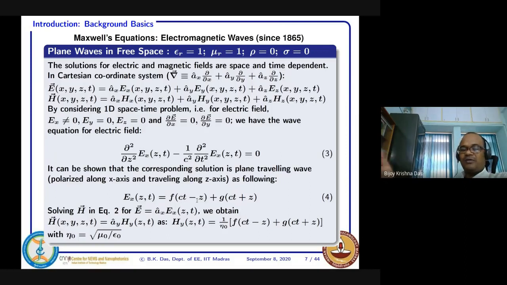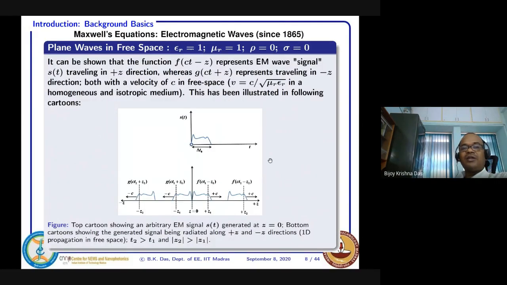So in a certain direction, with minus in this case, you consider some disturbance propagating in the positive z direction, and with ct plus z you can show that it is a disturbance in the negative z direction. That is what I tried to generalize here in my own words.